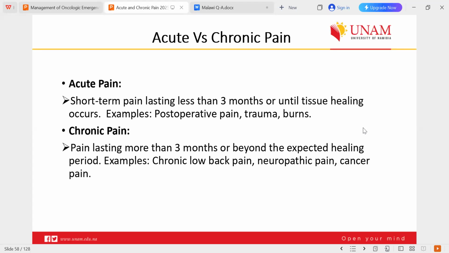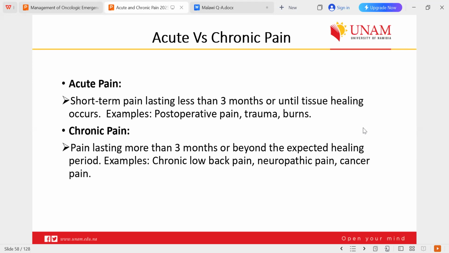So when healing occurs, pain perception should also cease. For chronic pain, this is a pain that lasts more than 3 to 6 months, and it also refers to pain that extends beyond the expected healing period.